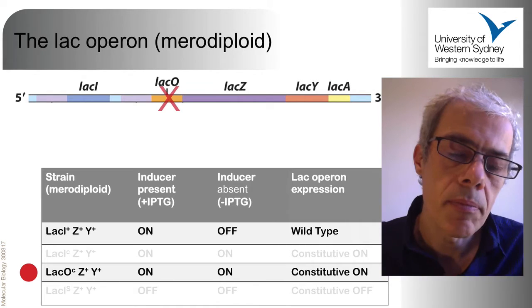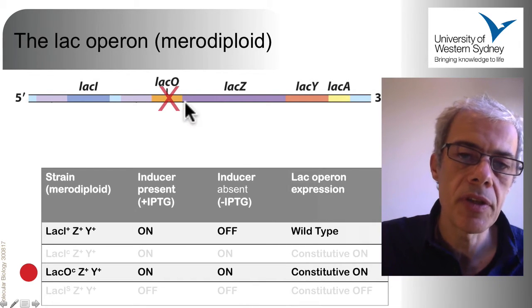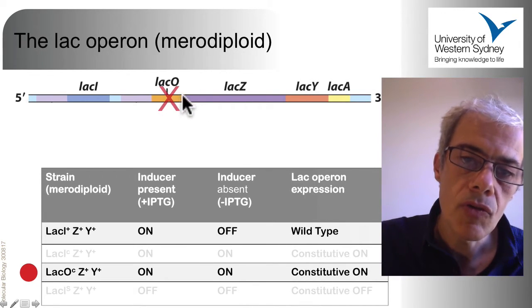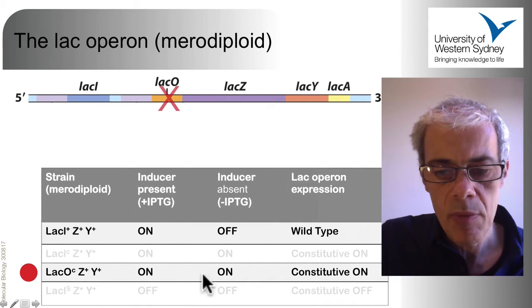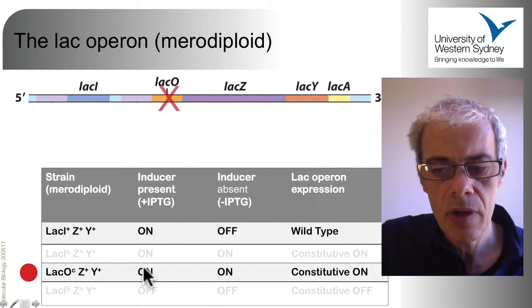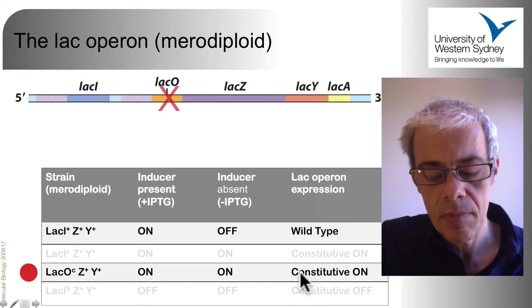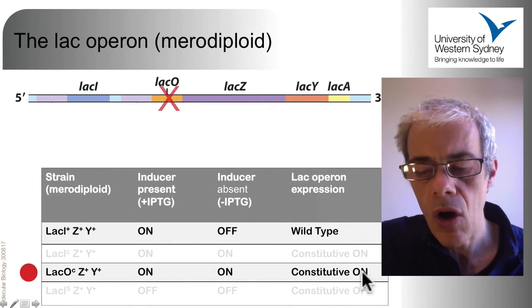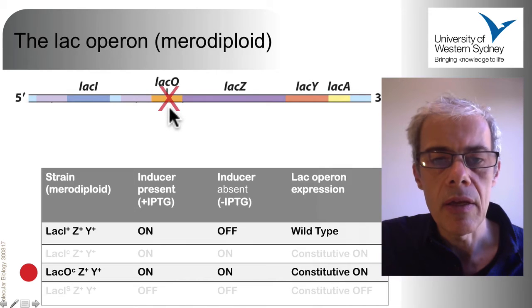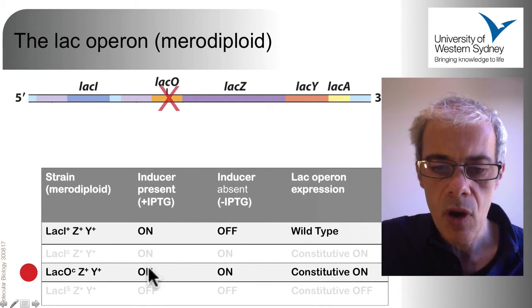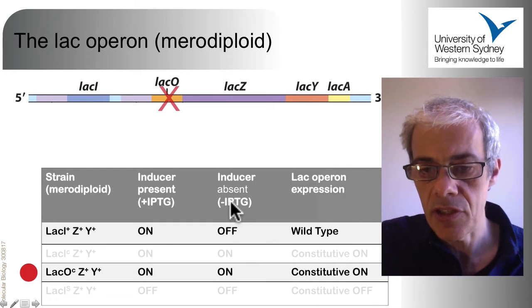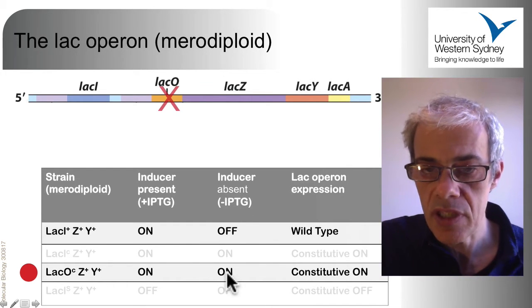One of the other mutants they had identified was a mutant in the Lac O region, the operator here. So the phenotype of the haploid here is shown, and this strain was constitutively on. So in the presence of IPTG, it was on, but in the absence of the inducer, IPTG, it was still on.